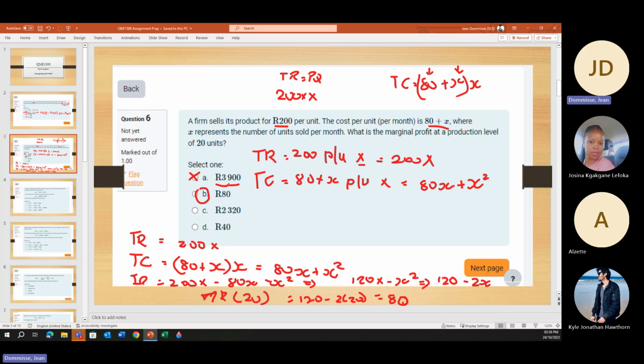That's what I'm also thinking, because they say the 80 plus X, because here they didn't say 200X nearly. That's why I'm nearly wanting to go with that, and then that's your price, and then you still need to multiply by X to get your total cost.